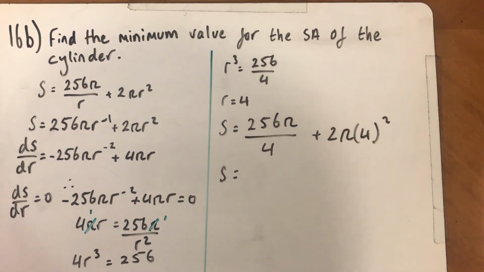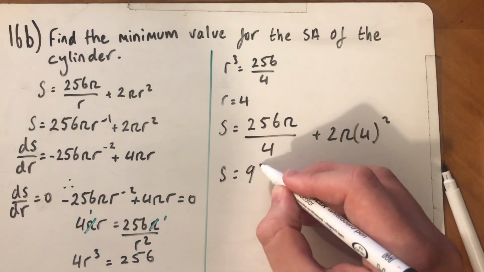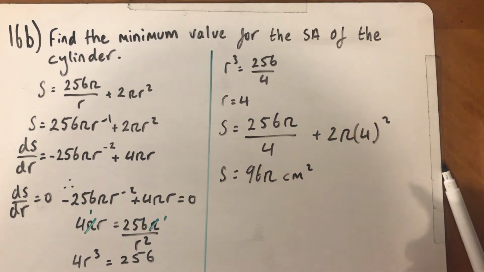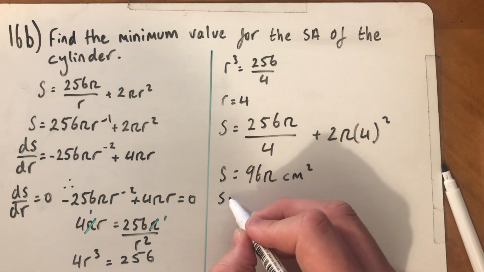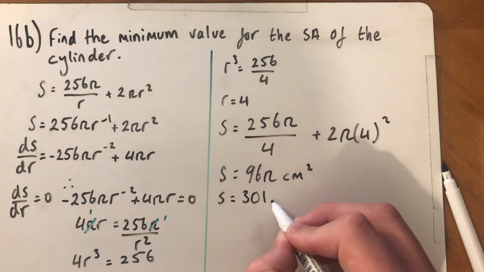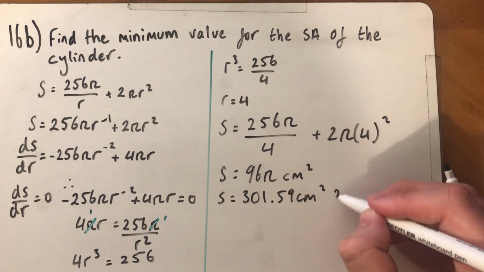All I've done is substitute it back into the equation for the surface area, and you should find that you get a value of 96 pi, and that's going to be centimeters squared. You can also give it as a decimal if you like, 301.59 centimeters squared, and that's to 2 decimal places.